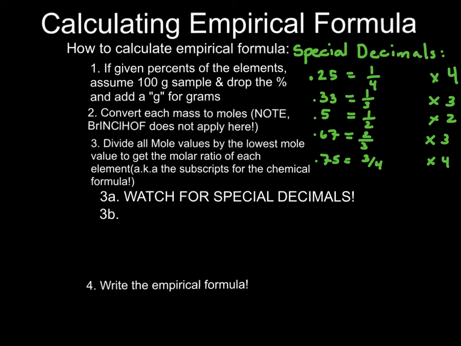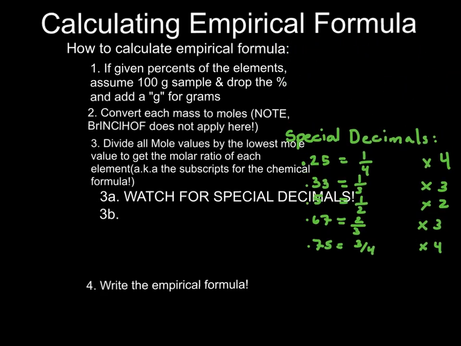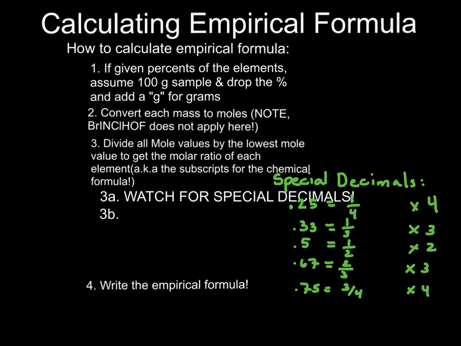So 1/4 and 3/4 we would multiply by 4, and 1/3, 2/3 we would multiply by 3, and 1/2 we would double in order to get rid of it.